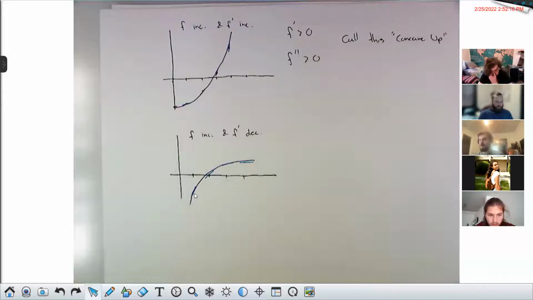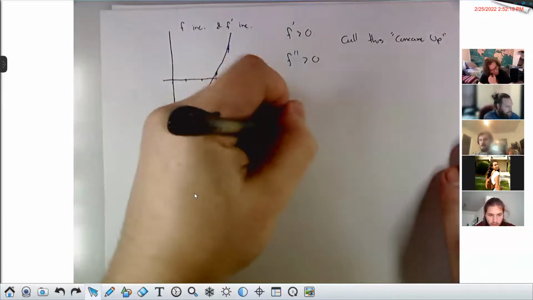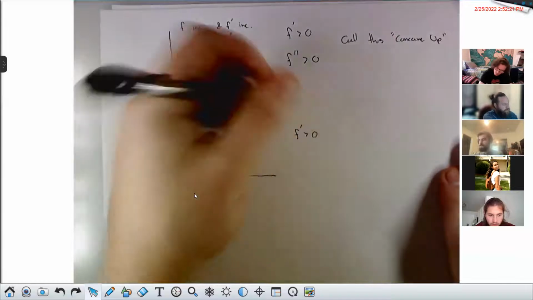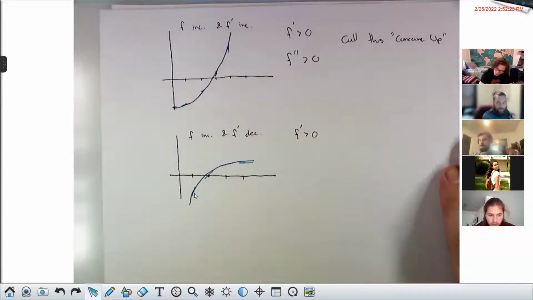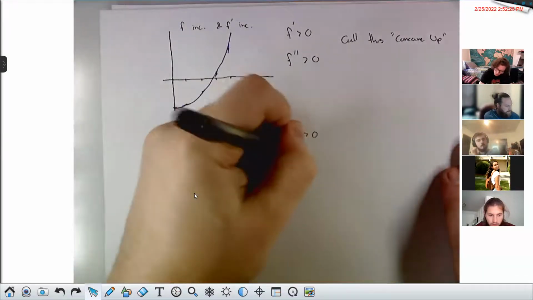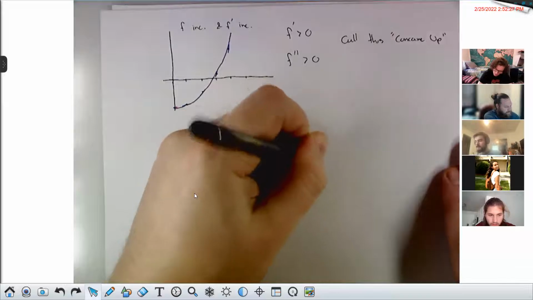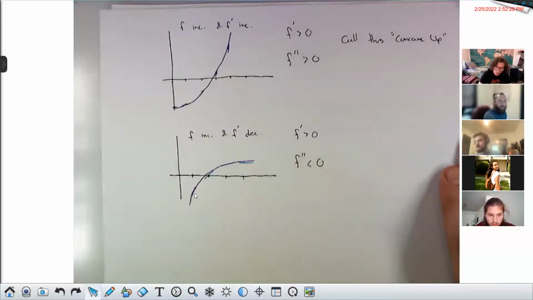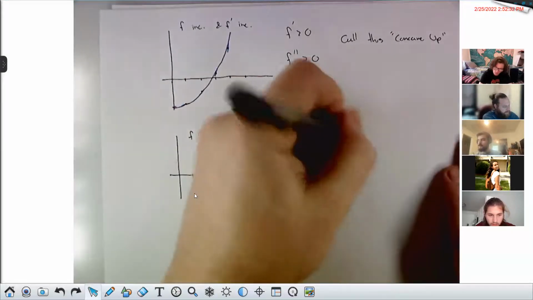So the fact that f is increasing means f prime is positive. But the fact that f prime is decreasing means that f double prime is negative. And we call this concave down.